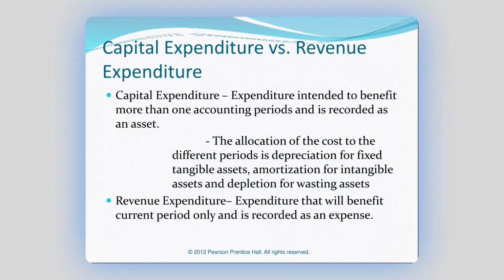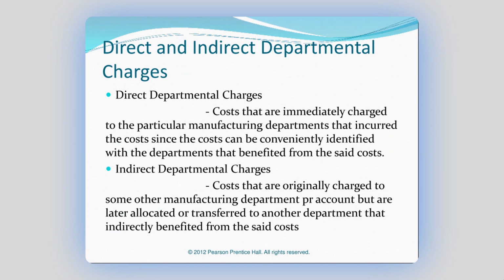Okay. We have also here direct costs and indirect costs. Ano naman to, class? You have direct departmental and indirect departmental. So, pag sinasabi, class, direct departmental, costs that are immediately charged to the particular manufacturing departments that incurred the cost, since the cost can be conveniently identified with the department. Okay? So, direct.